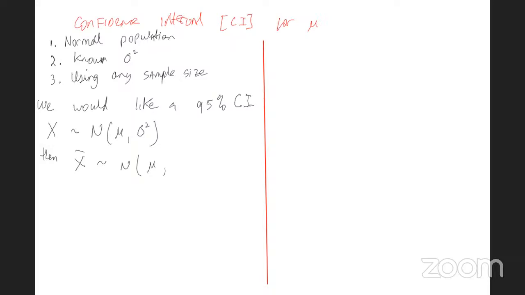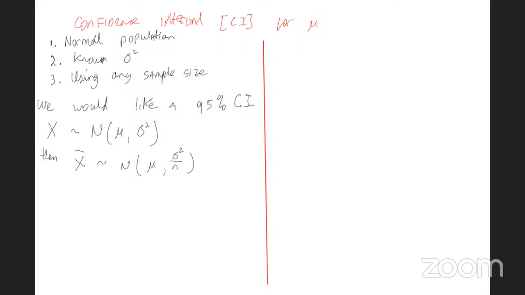Anybody remember? Right, very good, Grant. Very good. Sigma squared on n. That's the sample distribution of the mean.